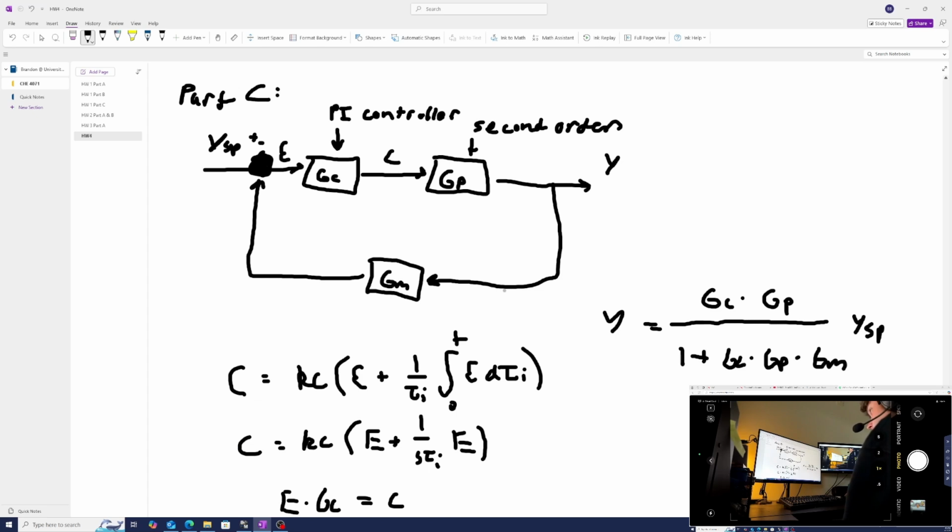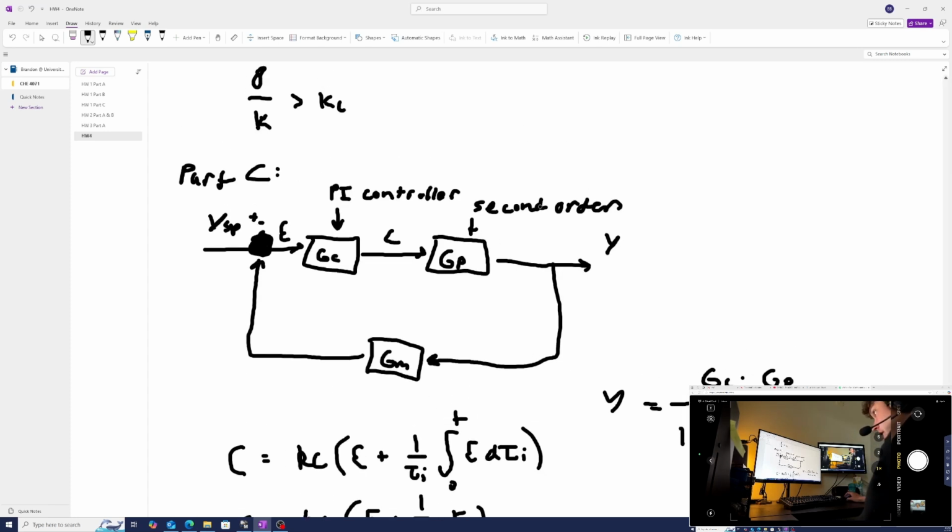Okay. So next, we need to substitute in our GCs and GPs and GMs, and we know our second order process transfer function is going to be K over tau S plus 1 squared.